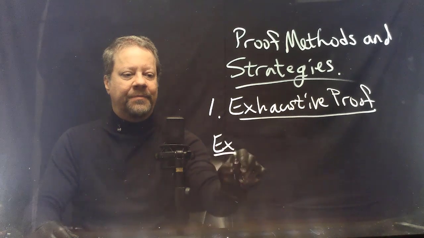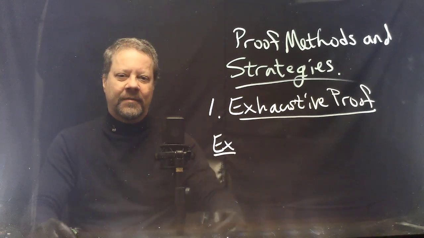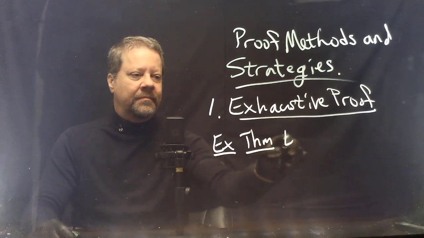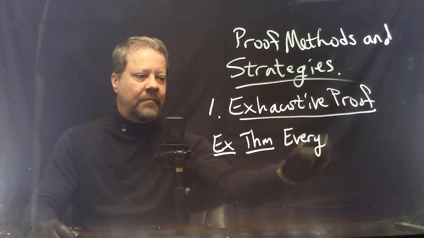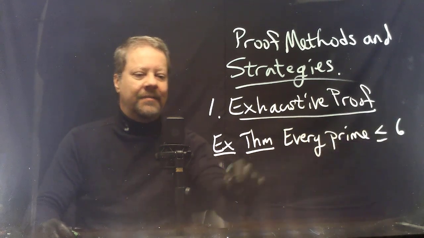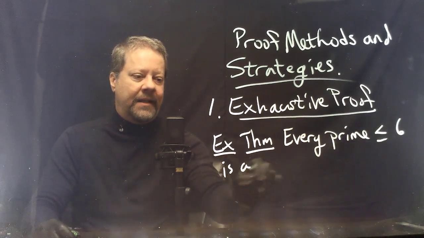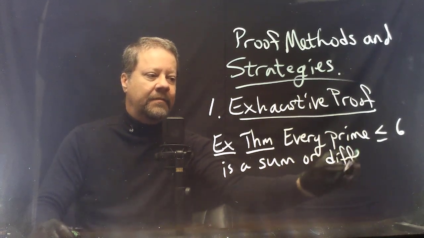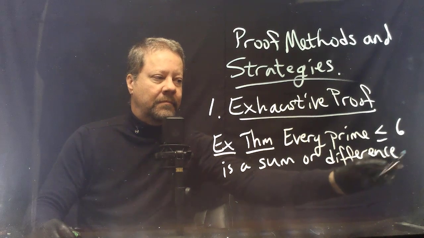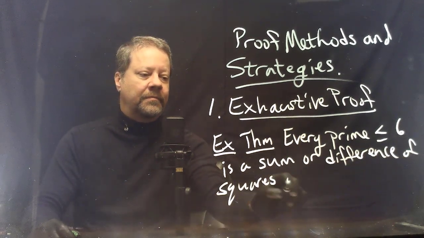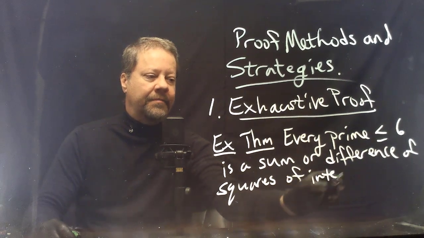As an example, suppose we have the following theorem. Every prime less than or equal to 6 is a sum or difference of squares of integers.